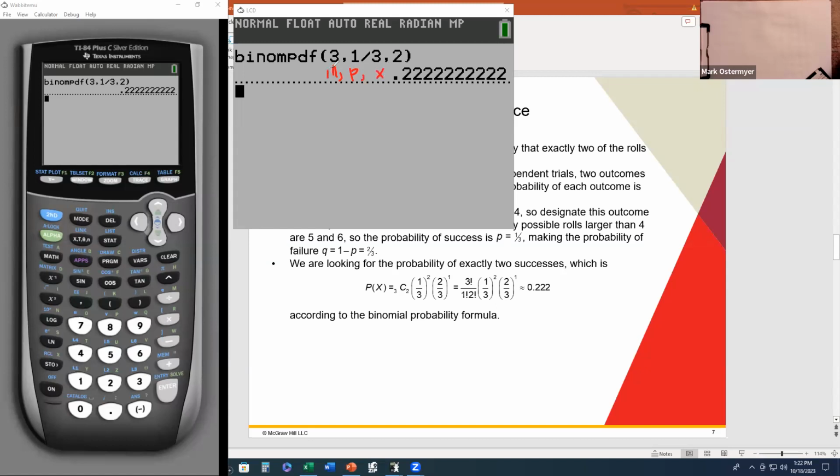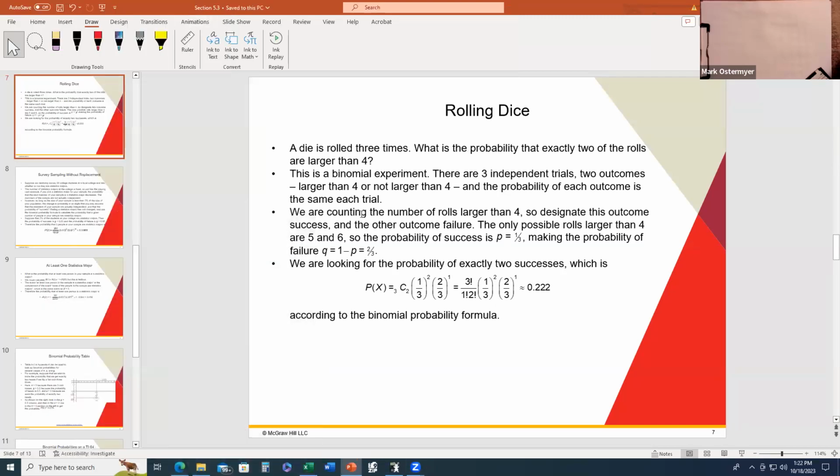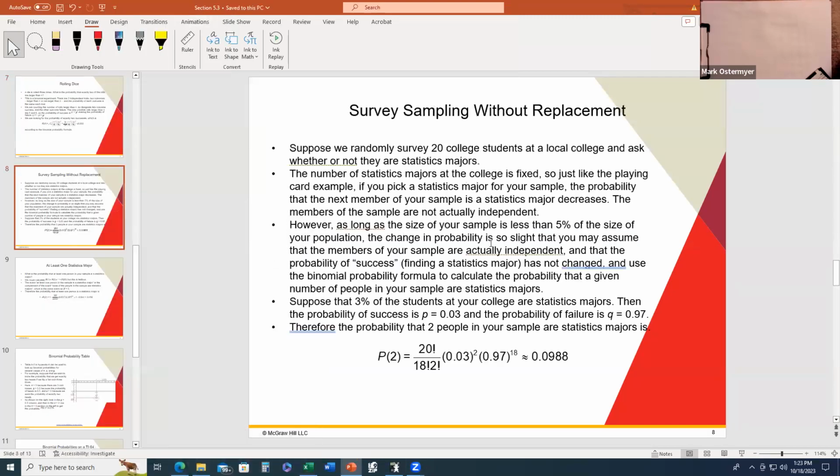That's the required argument list. It has to be in that order, and you have to have commas in between these. Now we know how to use the binomial PDF function. All right, let's move on.